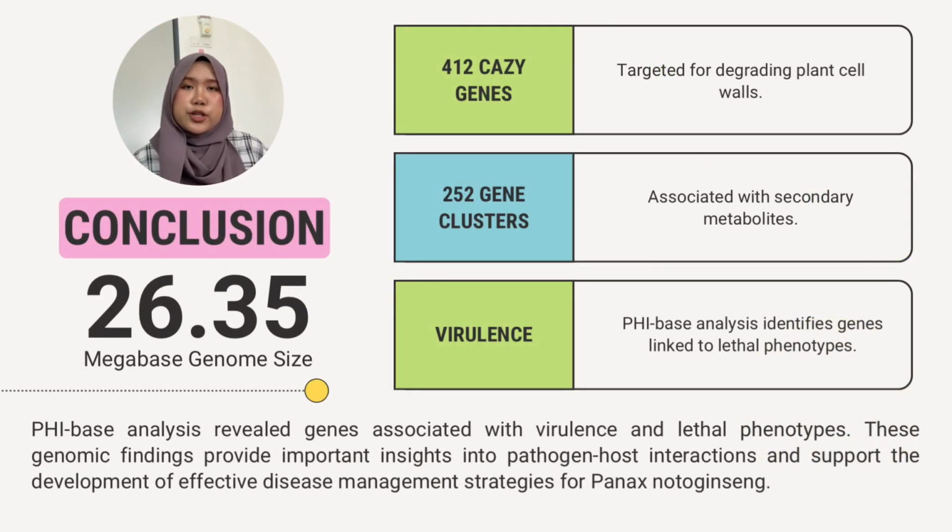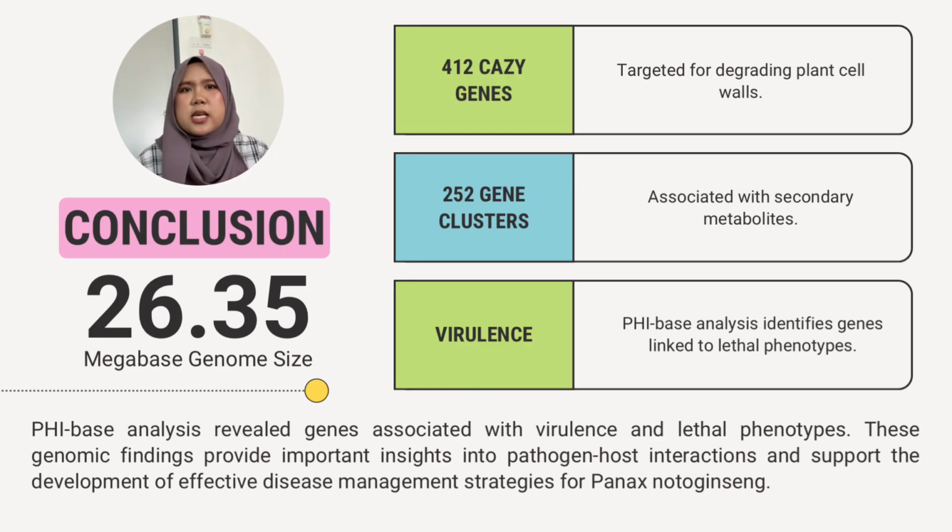The complete genome of Bioremia exigua strain HEIC was determined to be approximately 26.35 megabases containing over 11,000 predicted genes. 412 putative CAZy genes were identified, indicating its ability to degrade plant cell walls. The genome also contained 252 secondary metabolite gene clusters and 47 predicted effector proteins, revealing a complex pathogenic mechanism.